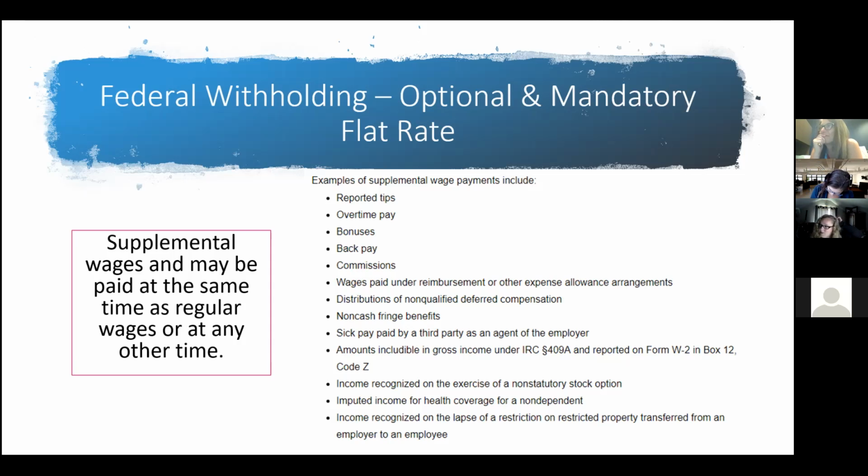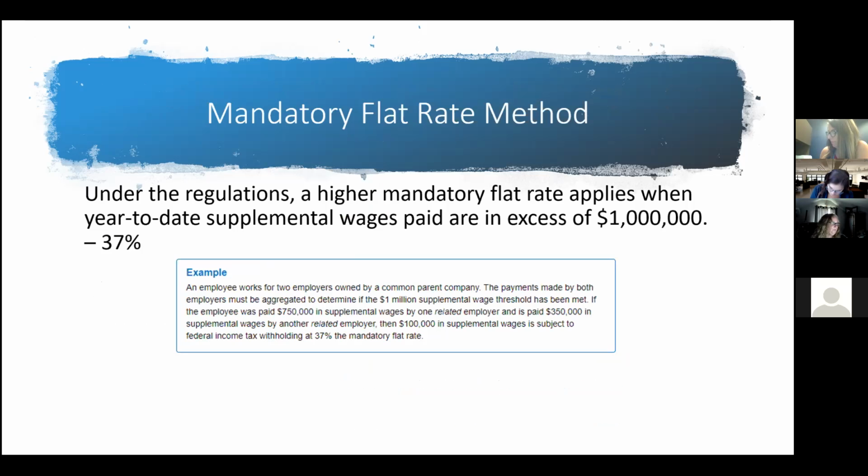If you have made more than $1 million in supplemental wages, it is 37%. I don't know anybody in that boat, but I definitely want to be friends with them if there is somebody in that boat. So again, that's the mandatory flat rate method. That means if you've had year-to-date supplemental wages paid in excess of $1 million a year, you now have to have the mandatory flat rate method, and it's 37% withholding.